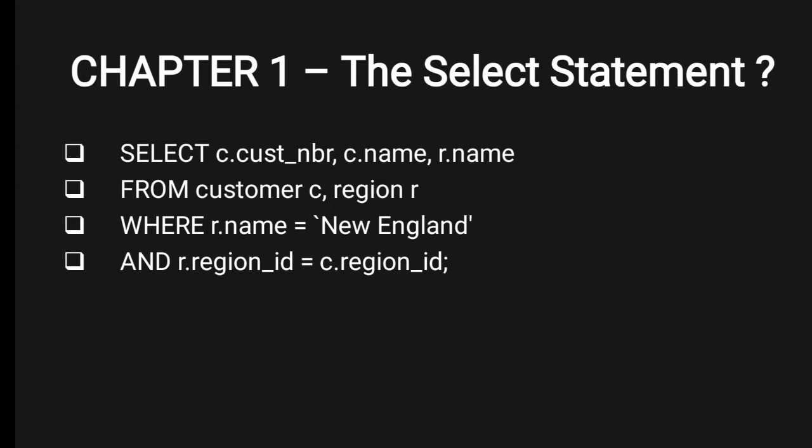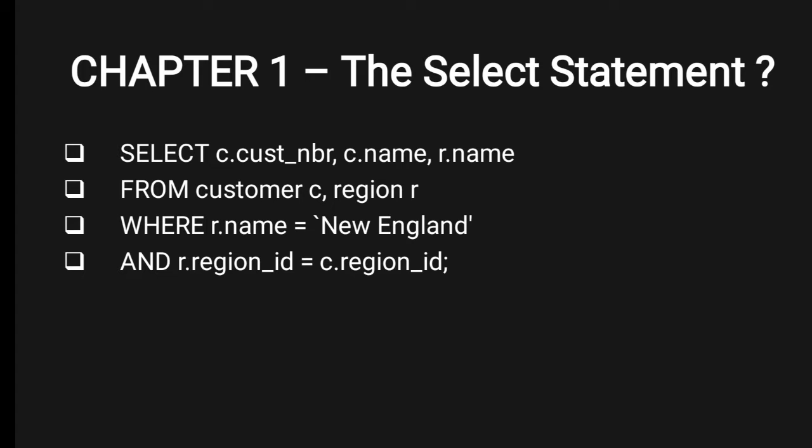Since both the customer and region tables contain a column called name, you must specify which table's name column you are interested in. This is done in the previous example by using dot notation to append the table name in front of its column name.